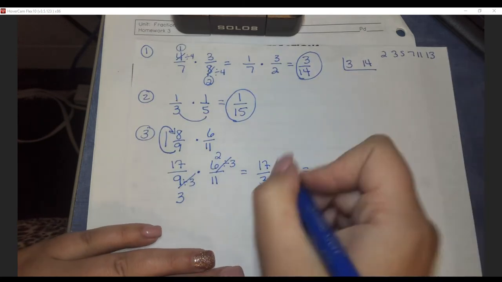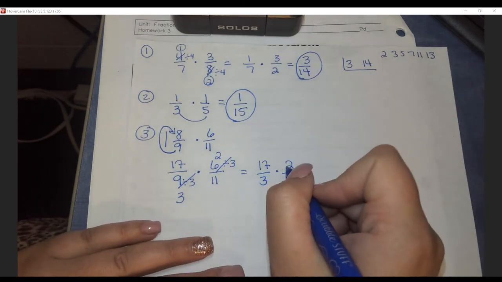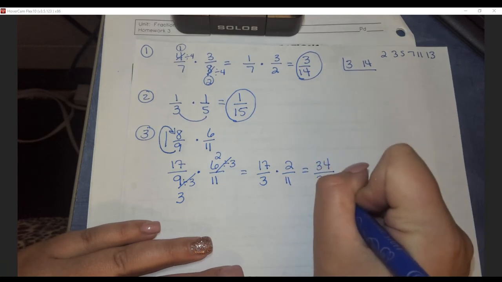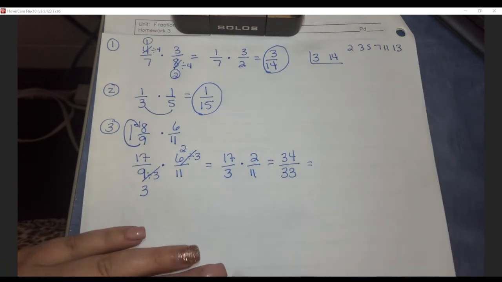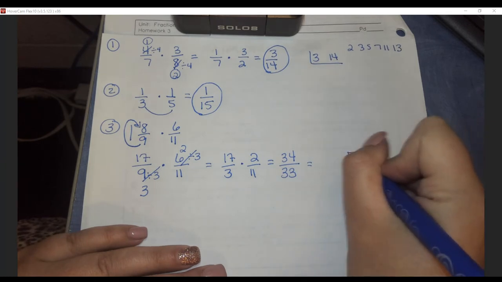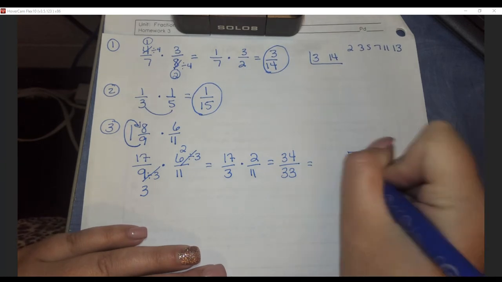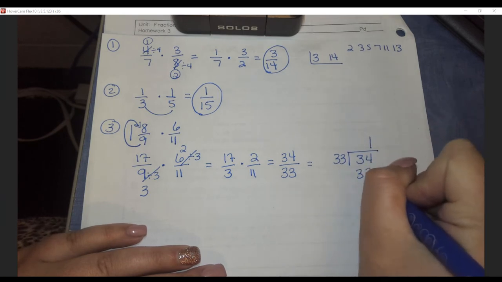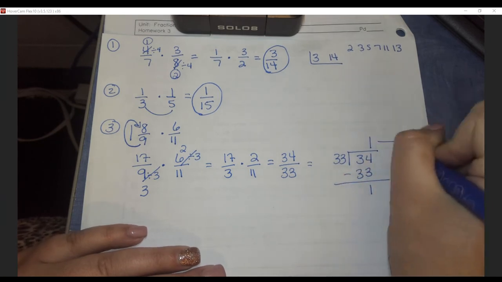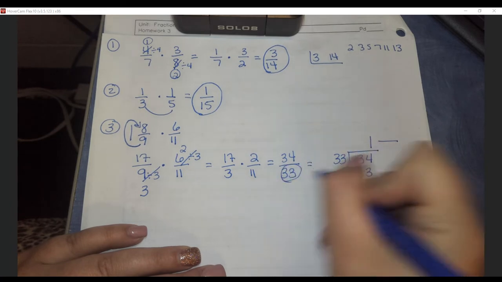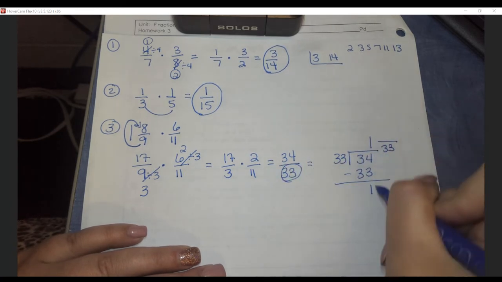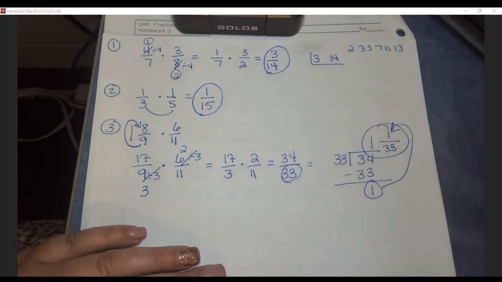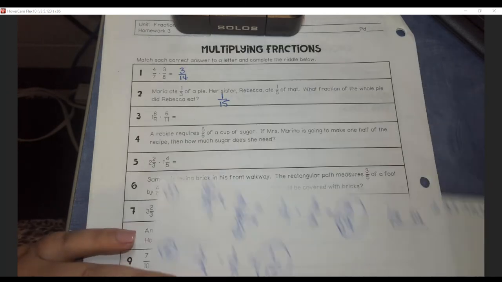Multiply it straight across. 17 times 2 is going to give me 34 over 33. It's improper, so we have to divide. Our denominator is 33, so that's going to stay the same. Our numerator is going to be our remainder. So our final answer is 1 and 1/33.